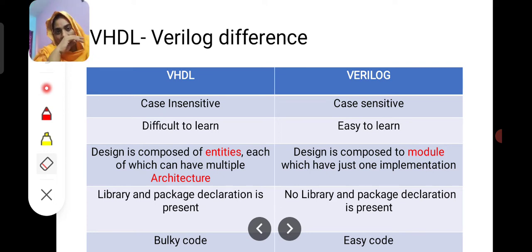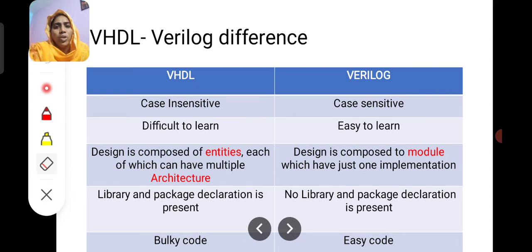So what gates we are using and how it performs, all those things we write in the architecture, whereas entity defines only the number of inputs and outputs of the block diagram. Whereas in Verilog, we write the program using module and endmodule. So it is very simple. The design is composed of a module which has just one implementation.